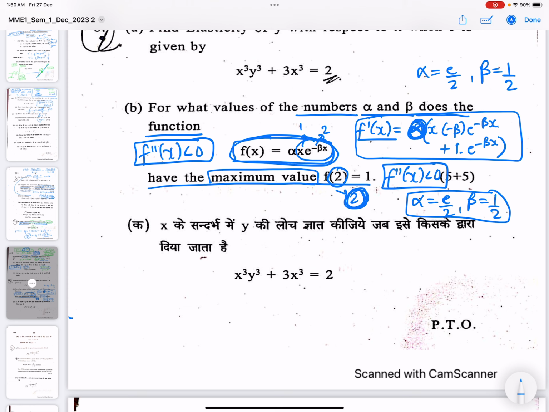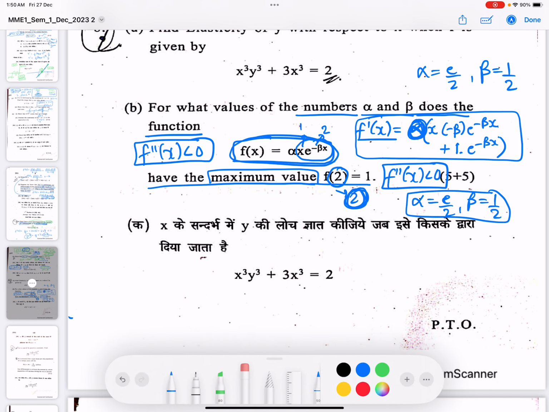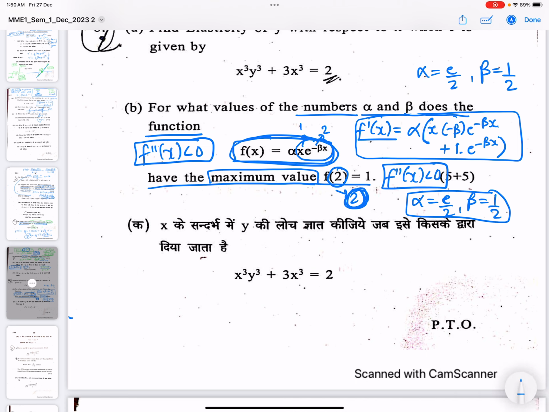So far what we have is alpha times this, so you need to differentiate this again. Same product rule you will use. And then for f double dash x, you need to put the value of alpha equals e by 2 and beta equals half.